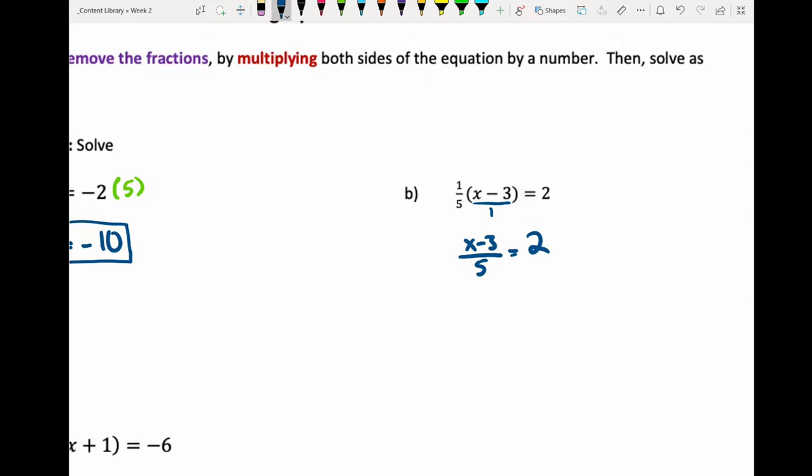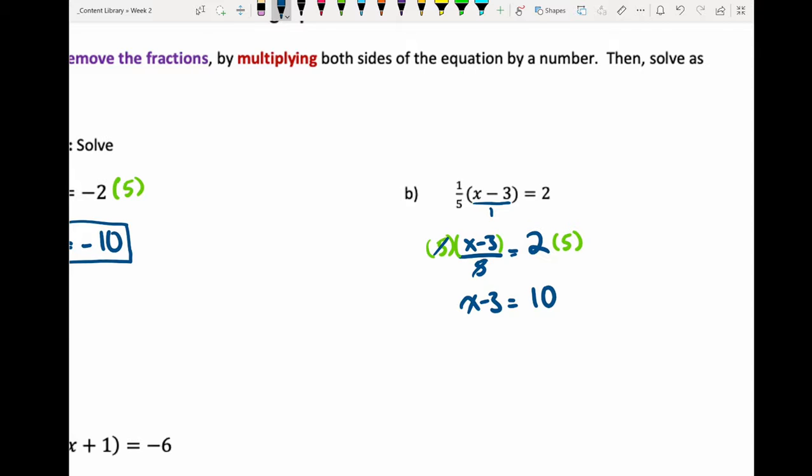Now this is similar to what I just looked at, except I have more on the numerator. Either way, it's still fine, because if I multiply the one whole side by 5, and I multiply the other side by 5 to balance it out, I can see that one side cancels out. I'm left with x minus 3 equals 10.